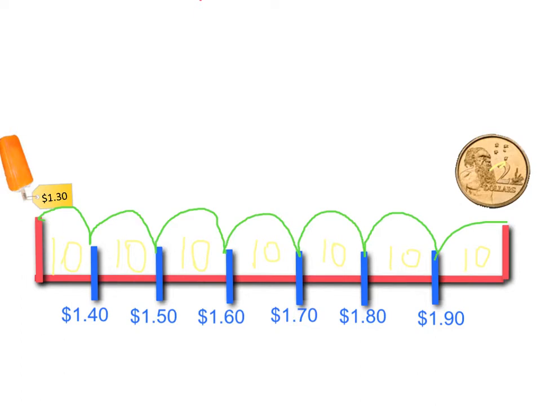Wonder if you can count them. 10, 20, 30, 40, 50, 60, and 70 here. We added 70 cents all the way up from how much the ice block was to the money that we paid for. So the change that we should get, it's just the amount that we went up in, which was 70 cents.